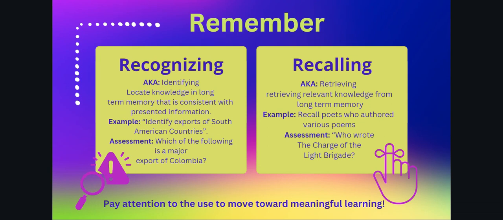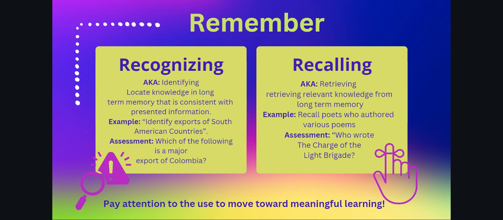The cognitive processes used in remember are recognizing or identifying, which is when a student can locate information from their long-term memory that is consistent with readings and presentations, and recalling or retrieving, which again requires locating relevant information from long-term memory.